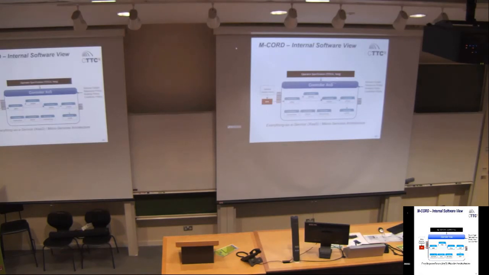This is similar to the NFV orchestrator. It's the one that allocates the service function graphs that each one of the operators or clients are specifying. So the main idea is that everything is a service. The BBU is a service, the MME is a service, the serving gateway is a service, CDN is a service.